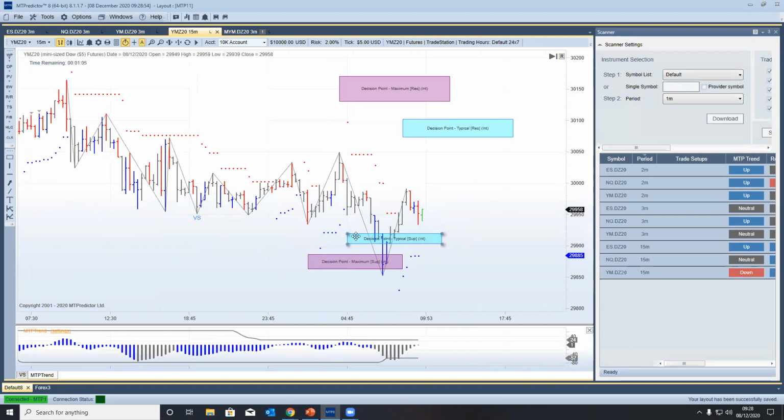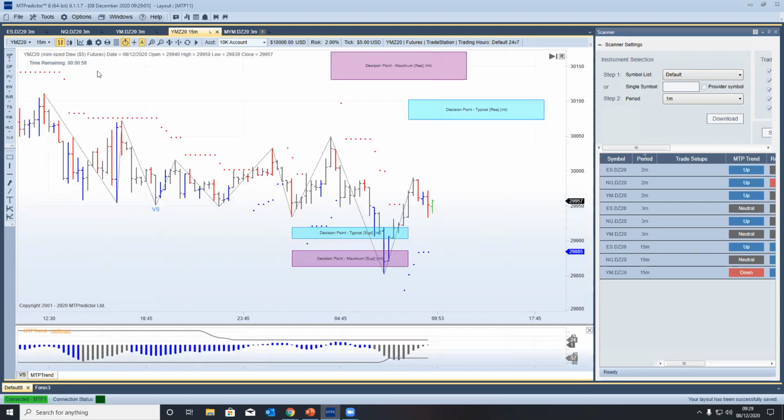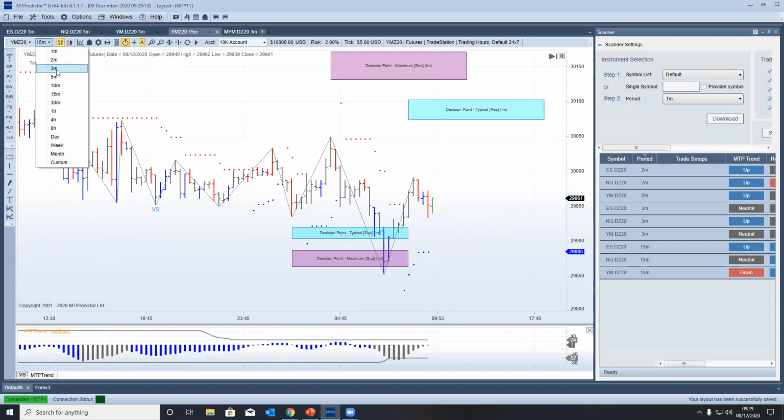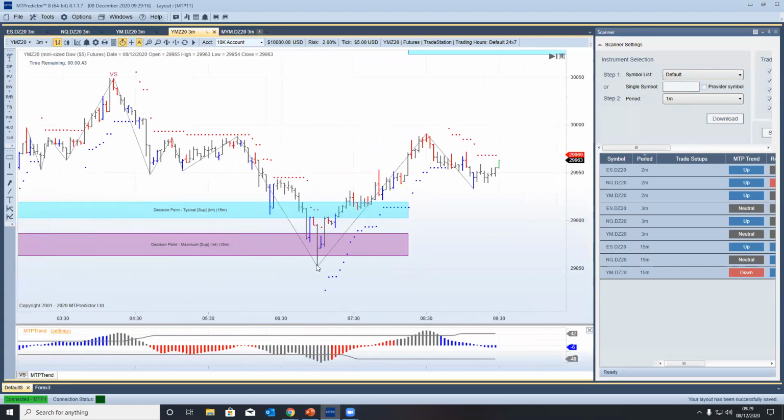The typical, which is this one, is where the market mostly finds the support and resistance. But this is probably a good example here on the YM as it went down: if you go beyond the typical, then the next area of support and resistance is the maximum area, which you have down here. So when I go back down to the 3-minute chart, you can see how that nailed the low there quite nicely with the YM.